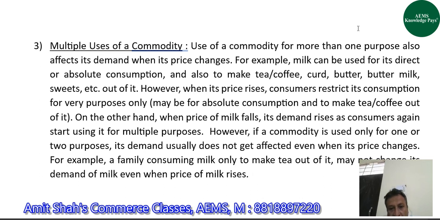It may be a music system, charging laptops, mobiles. That depends on whether they are really habitual of that or not. Otherwise, they will stop doing it or restrict its use to some extent, right? So when the price of electricity rises in the market, that is, the tariff rate rises, many families try to cut their consumption by restricting its use for some specific purposes only. I hope you all are understanding this, guys.